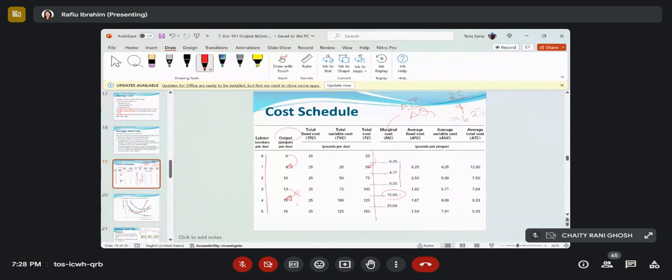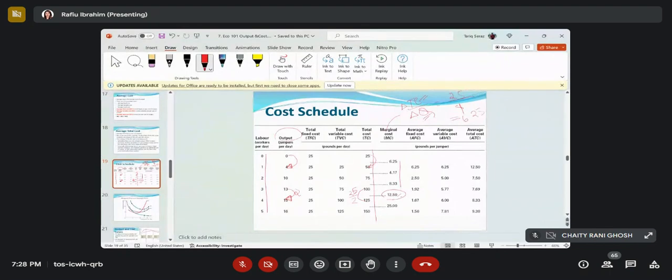Yes ma'am. And what is the change in cost? 125 minus 100, which is 25. So marginal cost is, total cost, change in total cost divided by change in quantity, which is 25 by 2, which is 4.5. Okay ma'am.